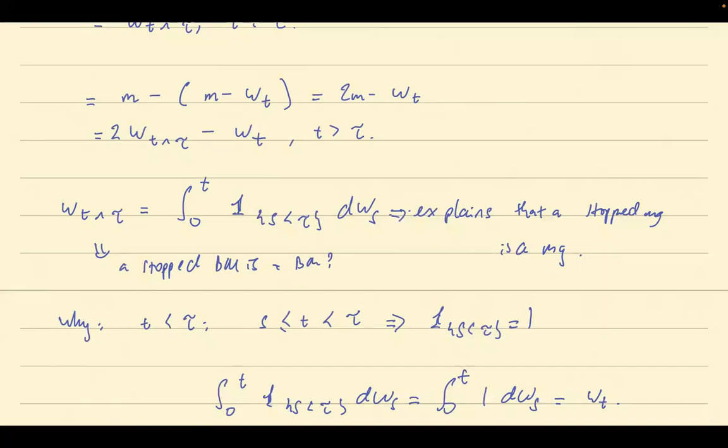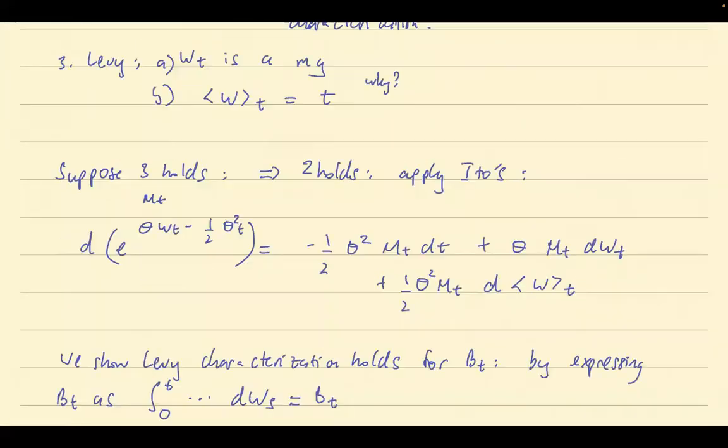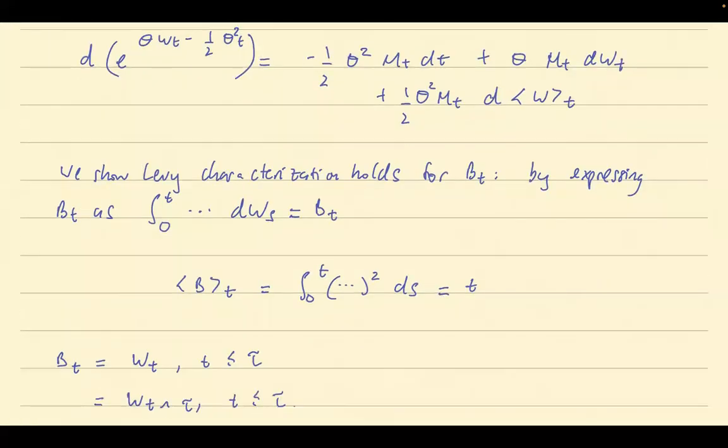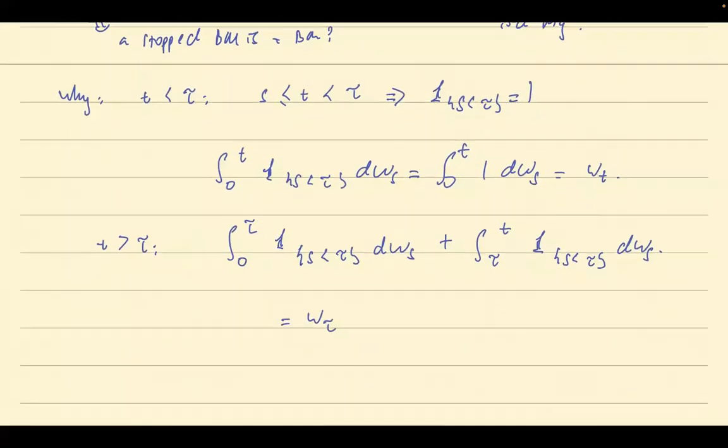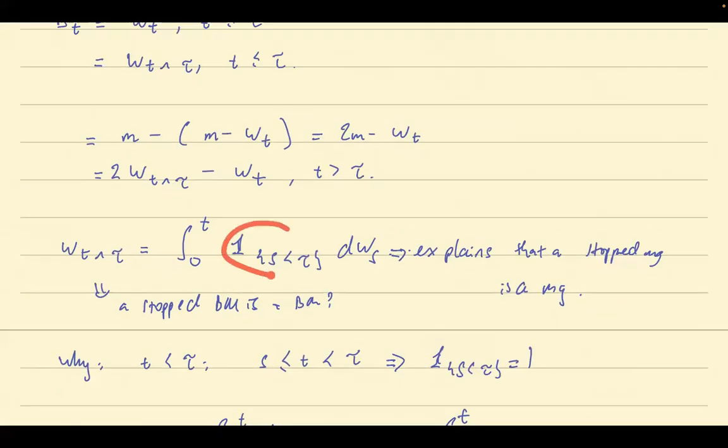Well, why does this seem like it could hold? First of all, this is a martingale, as we explained, because Brownian motion is a martingale. What about quadratic variation? Quadratic variation was the integrand squared, ds. Now the indicator function squared is equal to 1, so that's just also t. So a stopped Brownian motion is a Brownian motion, isn't it?